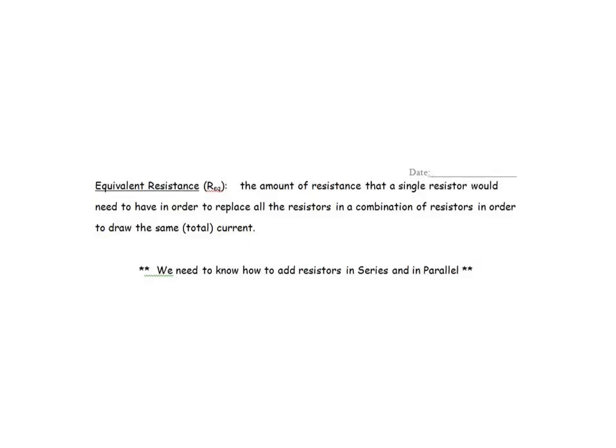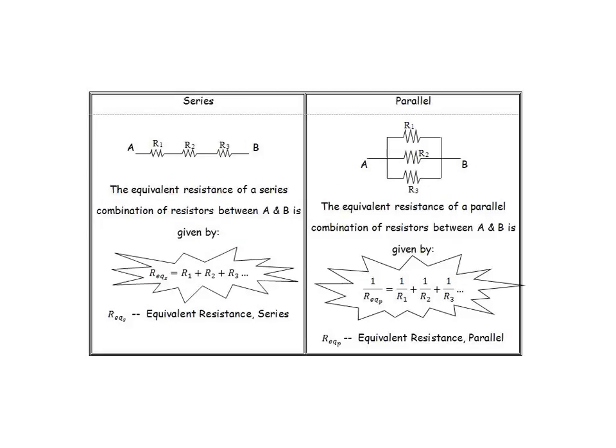When we do this, we need to figure out how to find the total resistance or equivalent resistance both in series and in parallel. So to do that, we're going to need equations. In series, where the resistors come one right after each other, the equivalent resistance is given simply as the addition of each resistance added together. Real easy, straightforward.